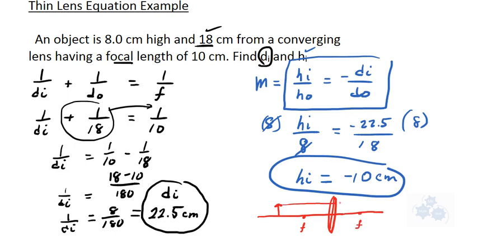So we're going to have a ray that goes like this and then through F, right? The other one is going to come through F and then go over here. So the distance is a little bit more than the distance of the object, so that makes sense. And it's upside down. So here's our image. Just by a quick ray diagram, it looks like we should be pretty good. Lines up pretty good. Okay? So you can just check the reasonability of your work that way.